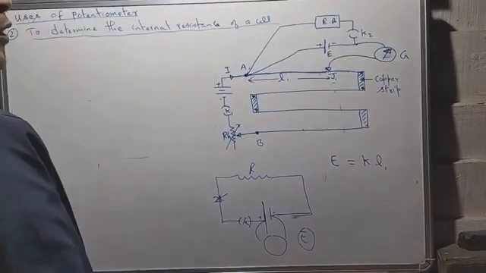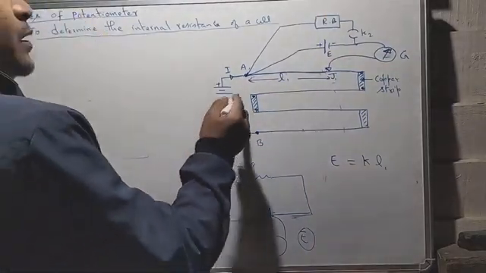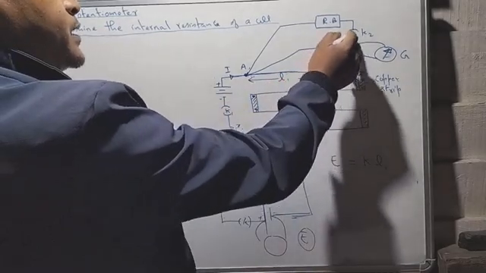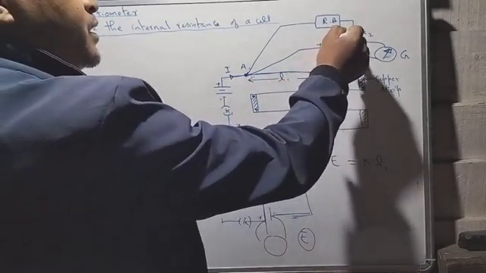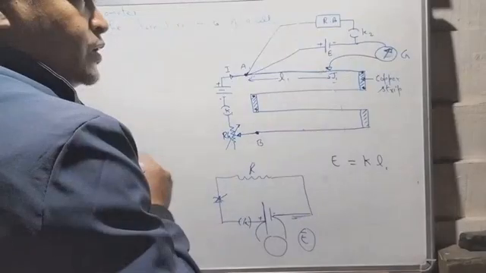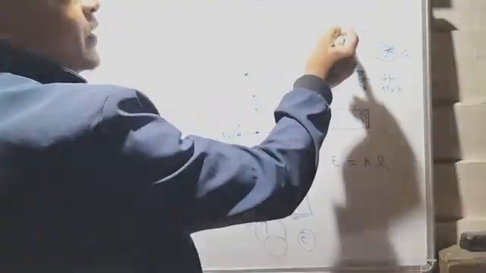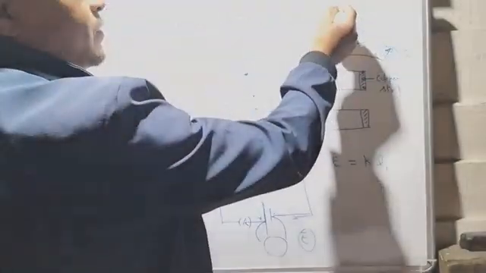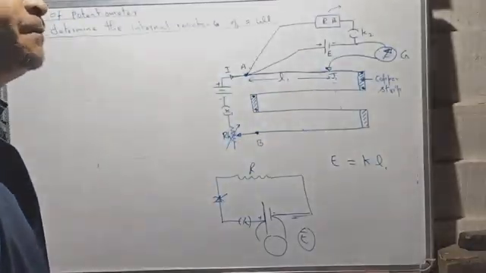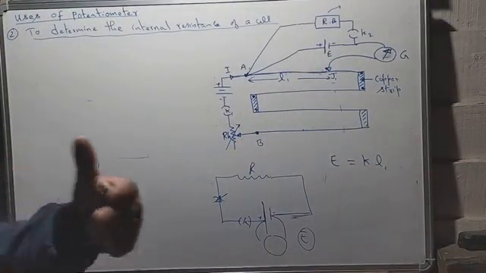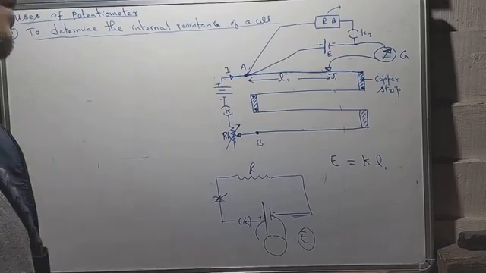Now, at the same time, I will put on the key number 2. Then I select some resistance from here, because this resistance box is actually a box which consists of resistances of different values.